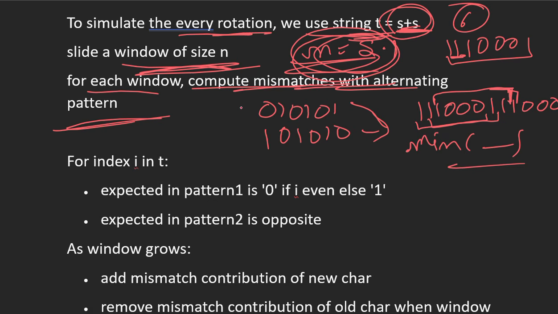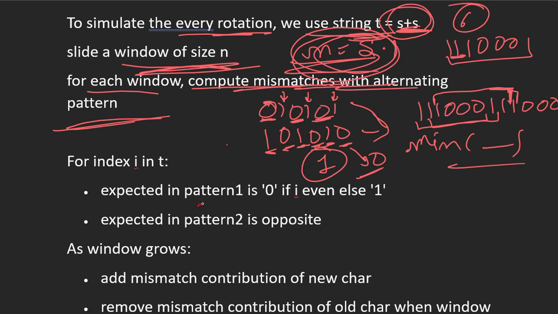And if you have noticed, in pattern 1 at every even index the value is 0, and at every odd index the value is 1. In pattern 2, at every even index the value is 1, and at every odd index the value is 0, right?